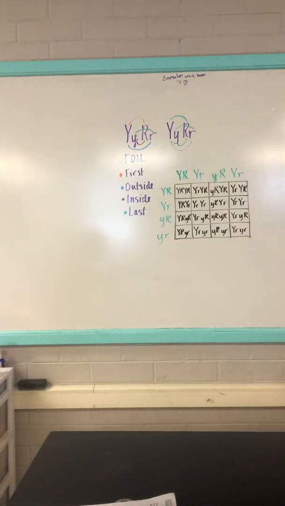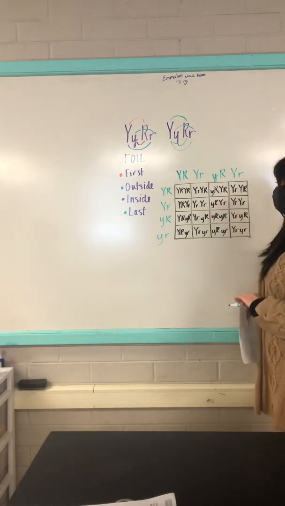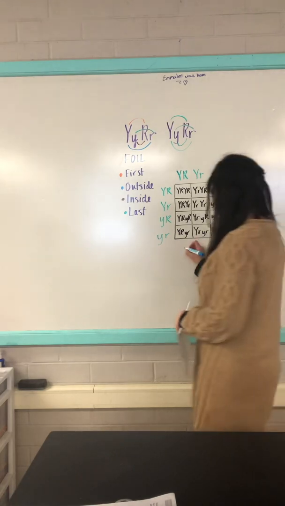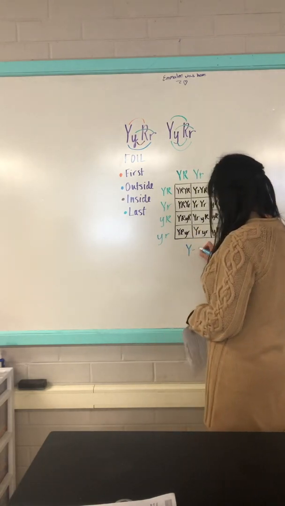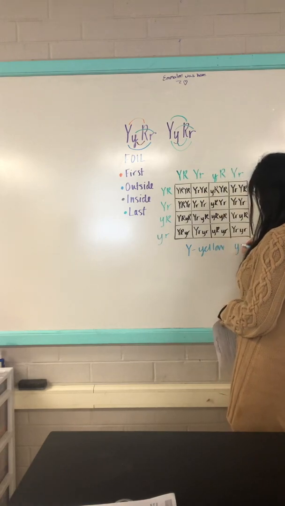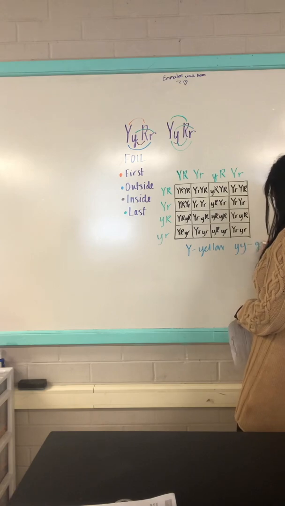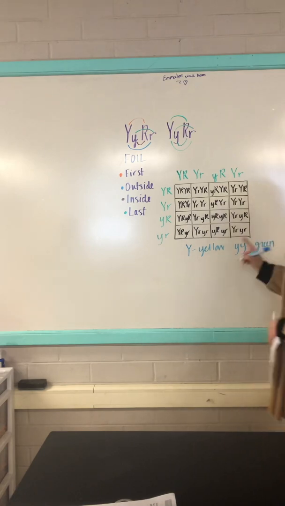Alright, so we're going to look at these. If it's got a big Y in it, what does that mean? Dominant. Okay, so it's dominant. The big Y means it's yellow. If it's a little y, it's green. Recessive. You have to have two, remember? That's going to be green. That's your recessive.